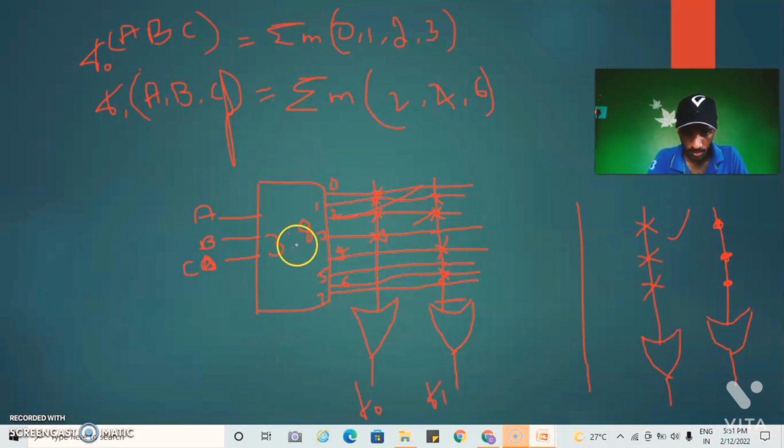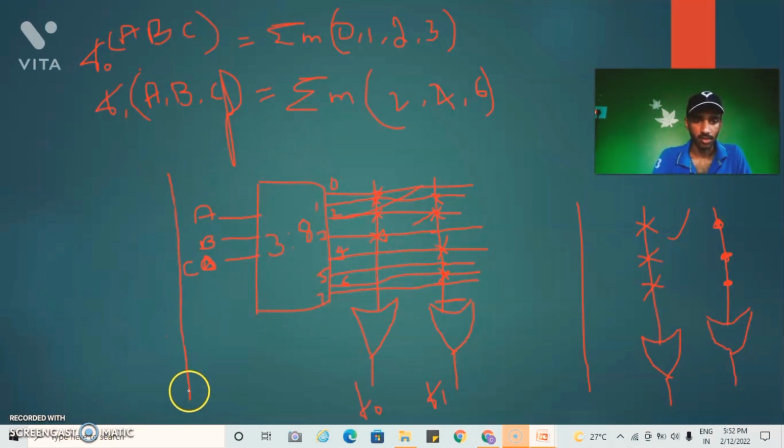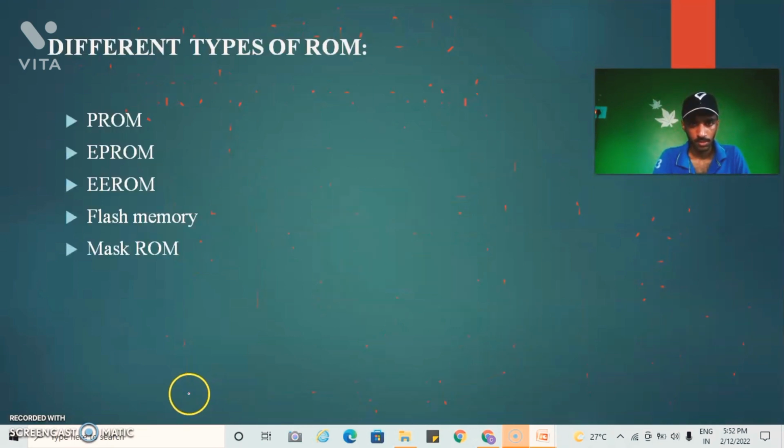In this way we can implement any given expressions using the array of OR gates and decoders. It's just like a ROM. So simply, it is a ROM. Hope you are getting the concept.